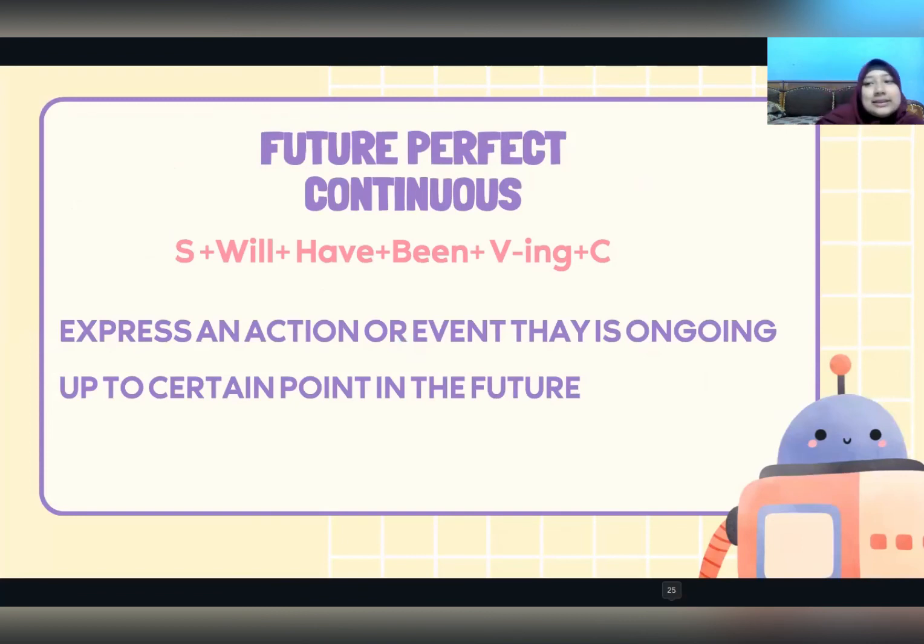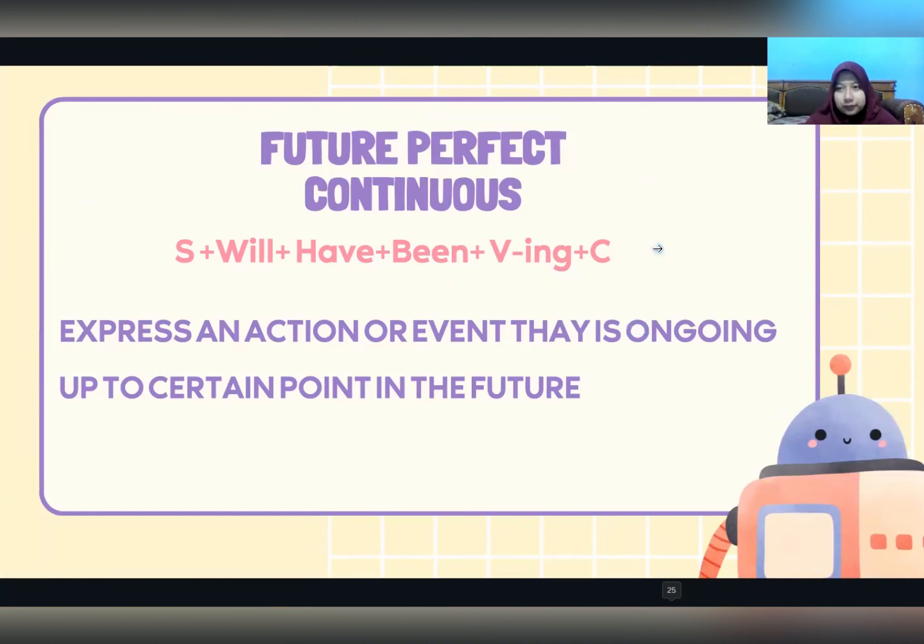The next tense that I will talk about today is future perfect continuous. What is the future perfect continuous formula? Future perfect continuous has the formula subject plus will plus have plus been plus verb ing. Don't forget plus complement.